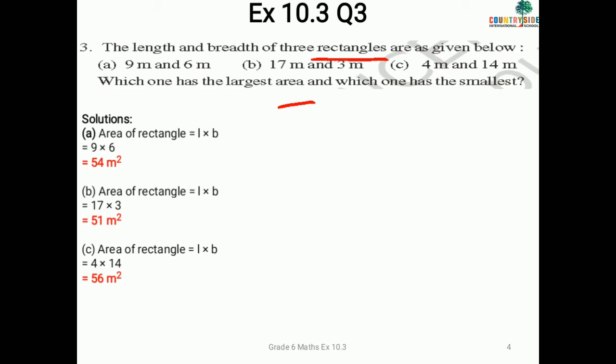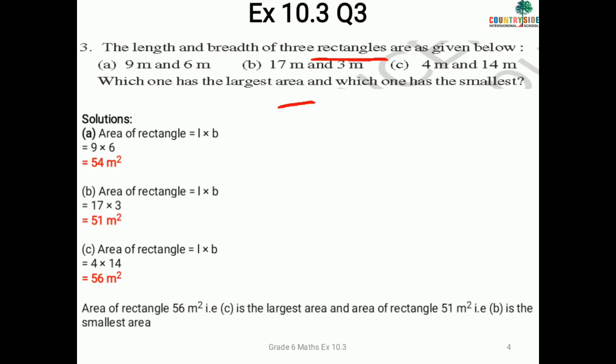We can clearly see 56 is the largest, so figure C is the largest. Which one is the smallest? 51, that is figure B. So at the end you will write figure C is the largest area and B is the smallest area. That's it. You just have to follow all the simple steps and apply the formula.